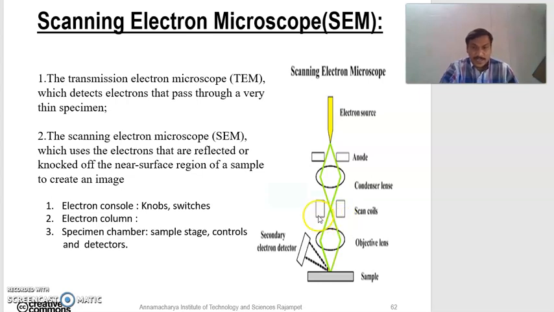That spot size determines the resolution and depth of field. Next, the electron beam again passes through the objective lens, and again the electron beam is converged and is incident on the sample. Here the scan coils are also available. These scan coils are used for rastering the electron beam on the sample. Then only the image is formed.